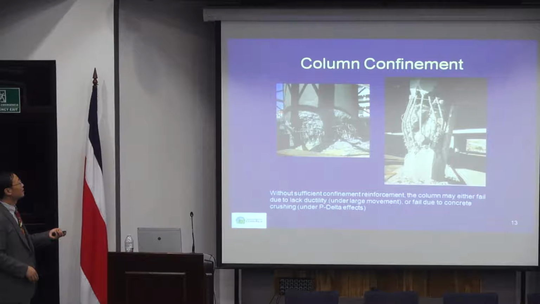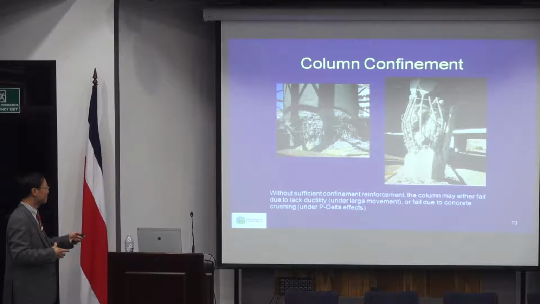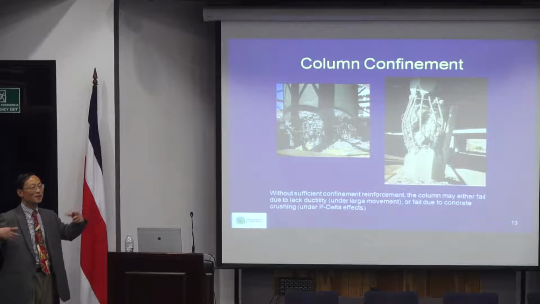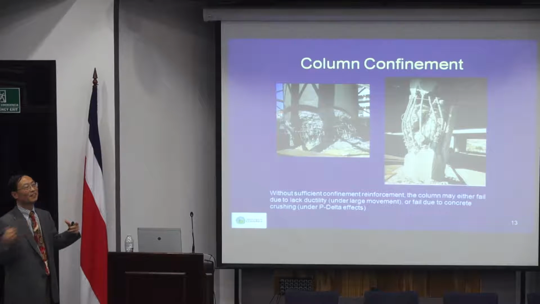So that's why in the earthquake zone, we try to provide a lot of spirals, just to provide as much confinement as possible, so that this kind of failure will be less likely to happen. For two reasons. One is once you have more shear reinforcement, it has much larger shear capacity, and also better confinement.